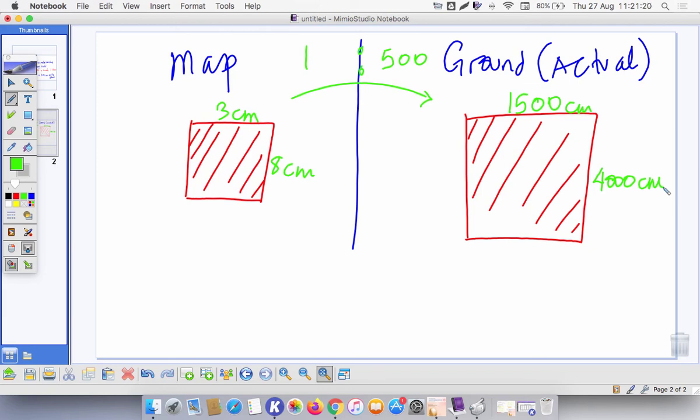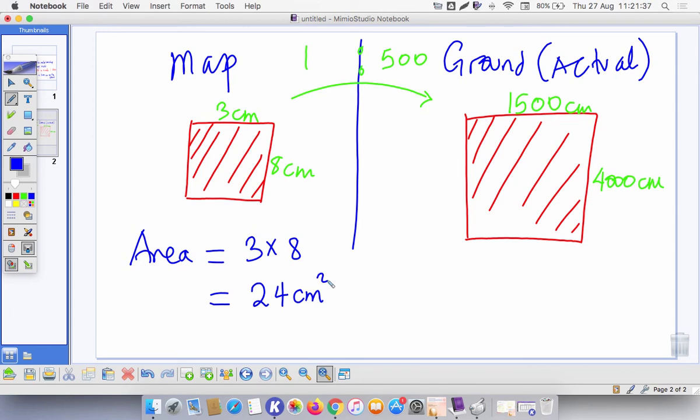Now, if I wanted the area, what would the area be on the map? It would be 3 times 8, which is 24 square centimeters.